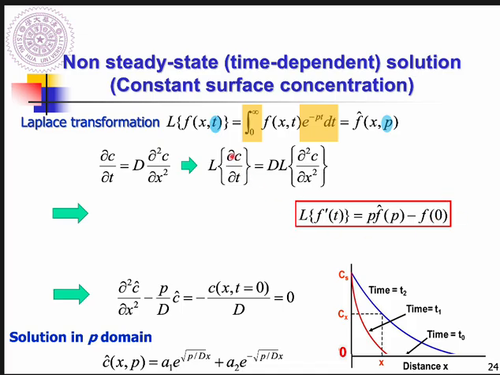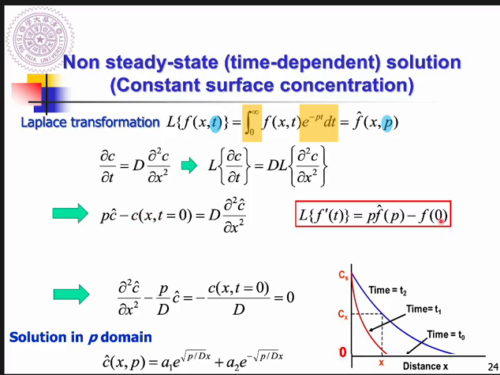So I apply the same idea. I replace f with the concentration. So it will be p times c of p, and I have used this symbol to represent the Laplace transformation, minus c of 0.